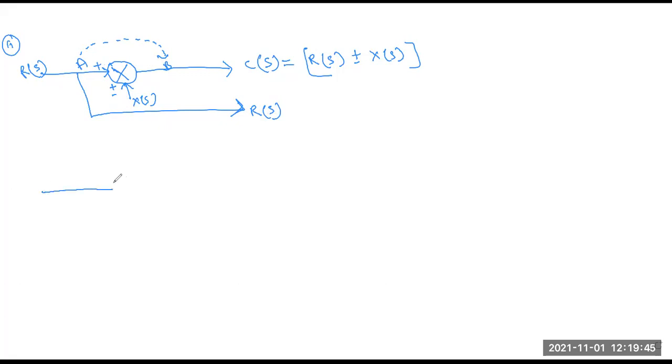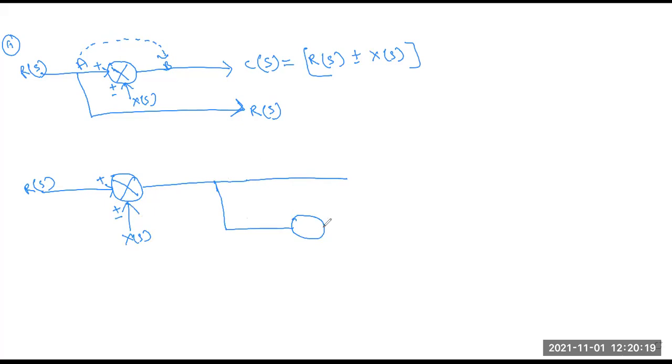Everyone see the summing point, another point also. This is R(s). We have to input it here. This is X(s) plus minus. It is also plus. Sorry, this is connected. Another summing point we have to attach.